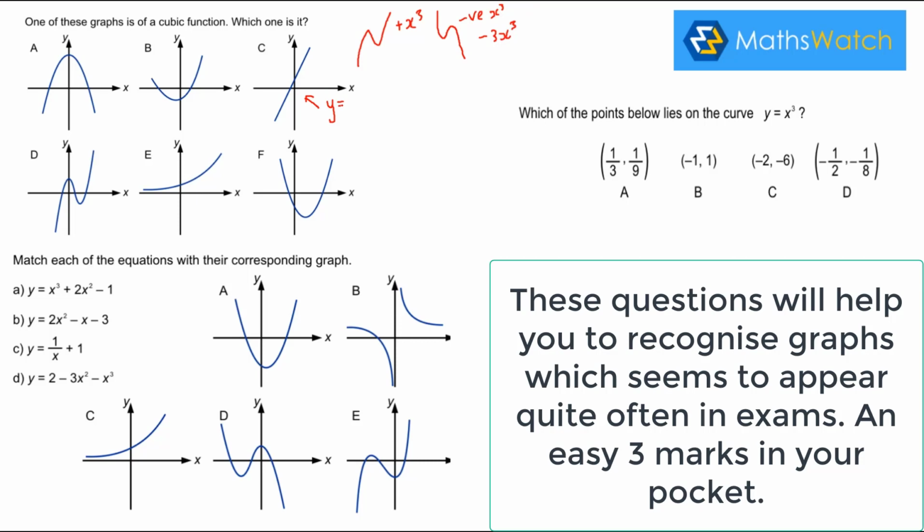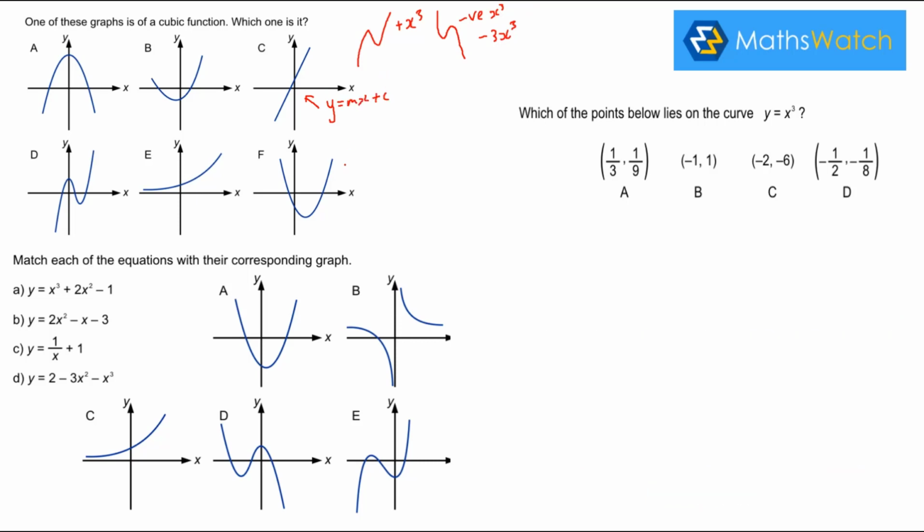It should look like something like y equals mx plus c, correct? This, you should know it's an x squared quadratic type. That's a type of quadratic as well. This you'll learn later, it's an exponential. This, hopefully you know, is a negative quadratic. So once you can spot the others, you know D must be the cubic because it's that shape here. That will be the correct answer.